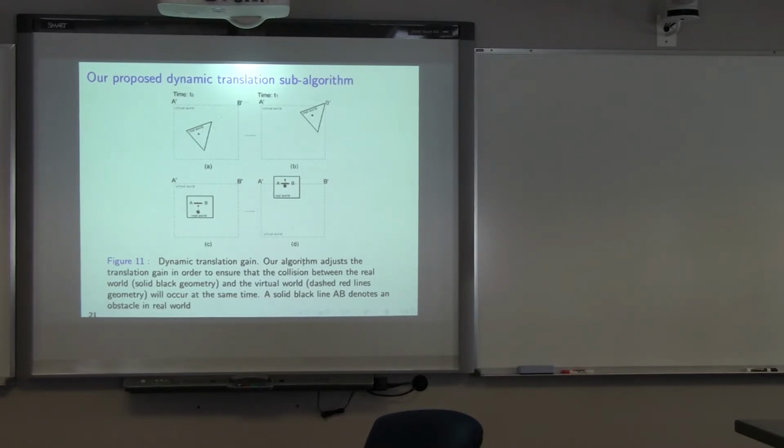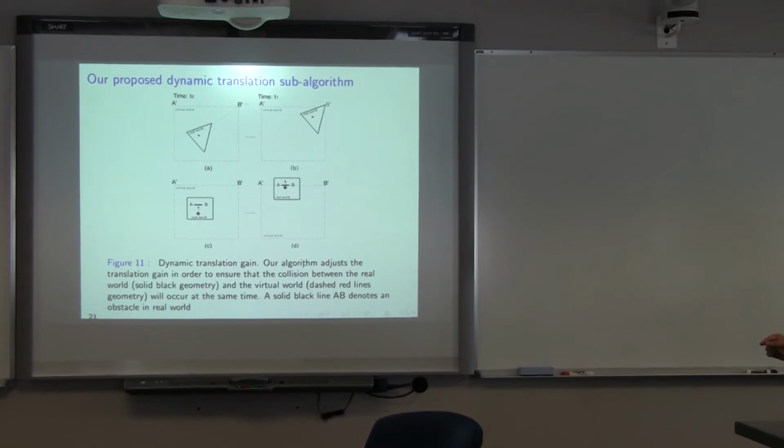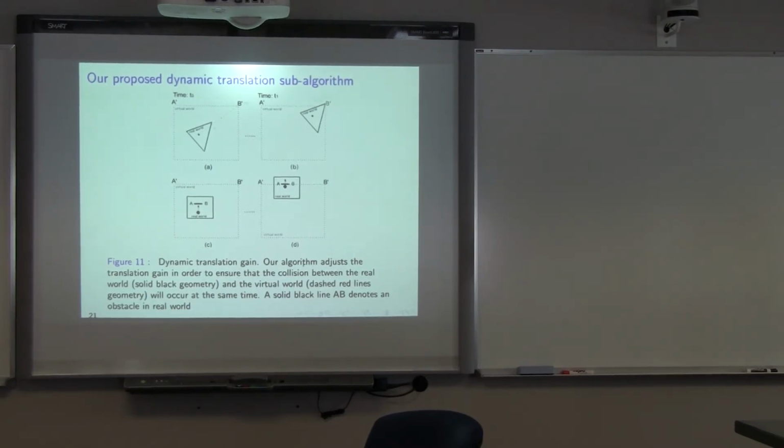When the algorithm detects the user's movement is pure translation, the algorithm will scan the path in front of the user in both the real world and the virtual world, and try to locate the first obstacle lying in the user's path in the real world, and the first obstacle lying in the user's path in the virtual world. It tries to align these two obstacles together to make their collision time happen at the same time.